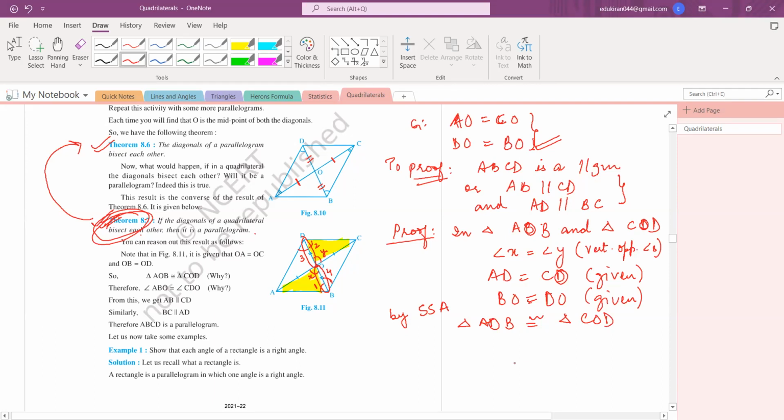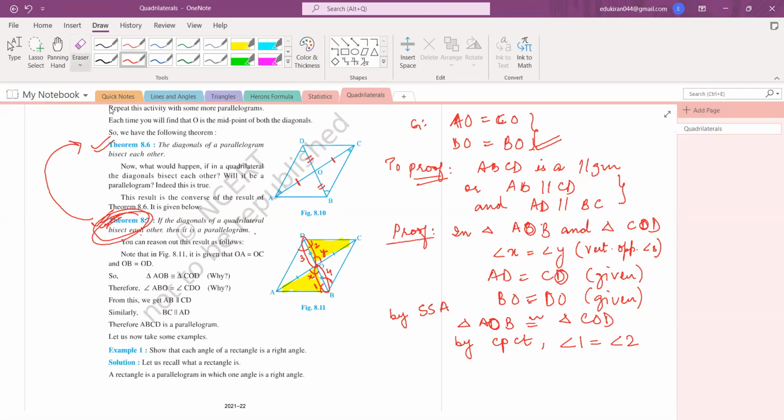Okay. Now by CPCT, which angle can I write equal? Which angle is coming under triangle ABO? AOB. Angle 1. Can you see it? Yes, ma'am. Angle 1 is equal to angle 2.